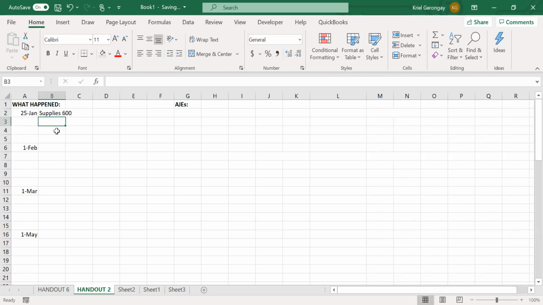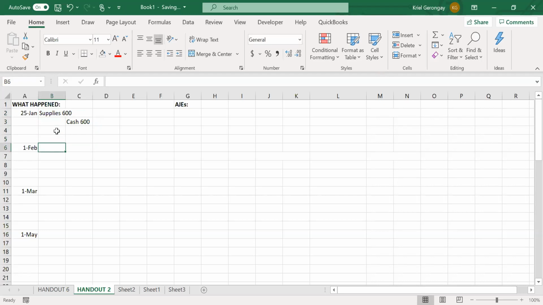And then you would credit cash by 600. Oh, you already wrote it. Thanks, David. So this would be your initial journal entry to record this transaction. So that's it for that one.